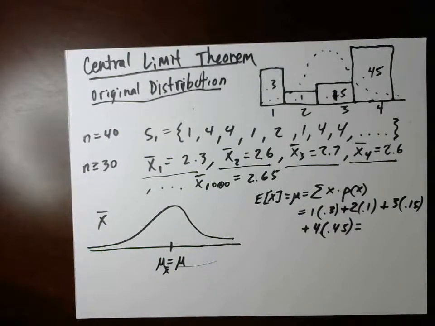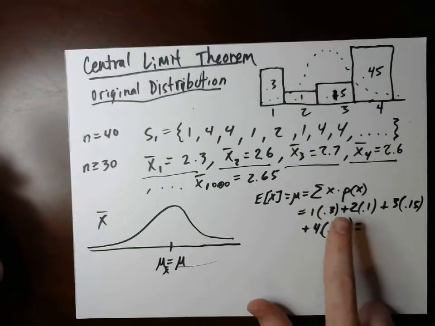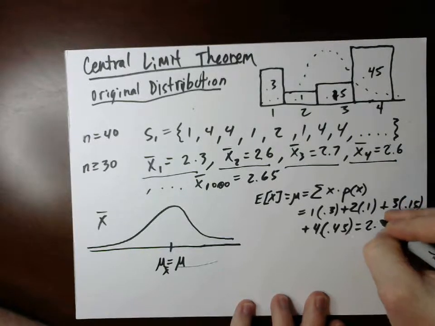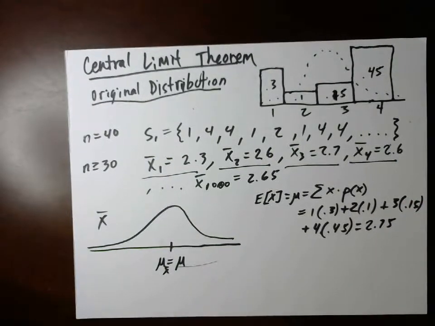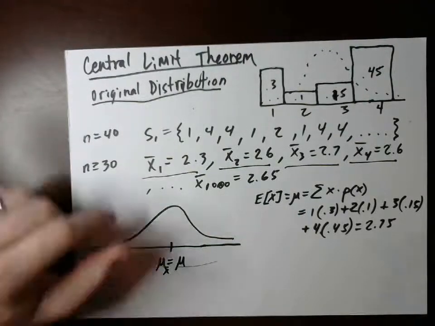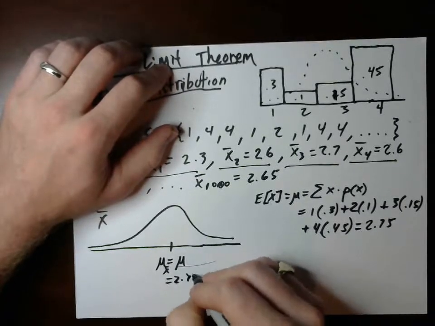You won't be doing too many of these calculations of finding the expected value using this equation in chapters 8 through 10, but it's needed in this case. Actually, I don't even think you'll ever use it in this chapter, but it's needed for this example. The average happens to be 2.75 using the expectation formula, which is equal to mu. So mu is equal to 2.75.